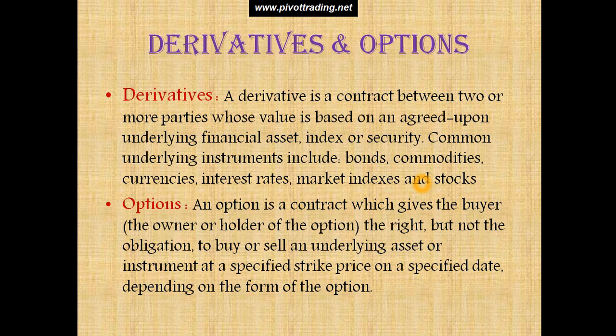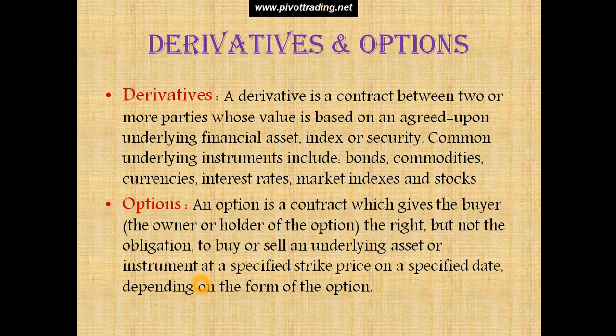In this session, we are focusing only on options. So let me tell you what an option is. An option is a contract which gives the buyer, who is the owner or holder of the option, the right but not the obligation to buy or sell an underlying asset or instrument at a specified strike price on a specified date, depending on the form of the option.